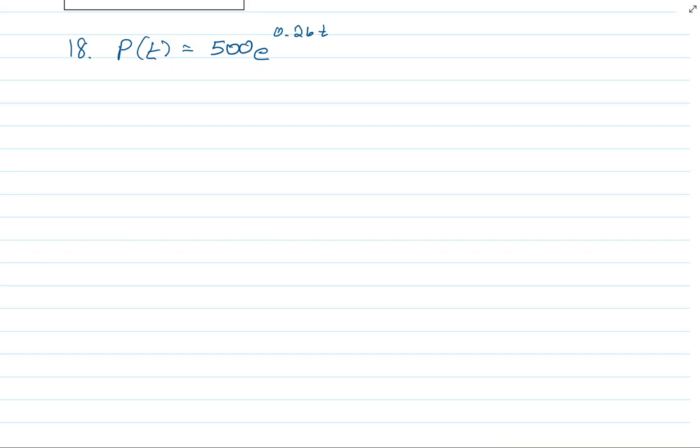After how many years will the population reach 1,000? All right. So 1,000 is the population, and they're wanting to know t, time.